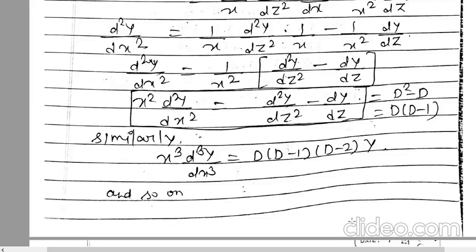Otherwise, this is the proof of how we get all these terms, but you can remember directly. So d^2y upon dz^2 minus dy upon dz, you can write as D(D minus 1) of y, right? So x^3 d^3y upon dx^3, you can write as D(D minus 1)(D minus 2) of y.